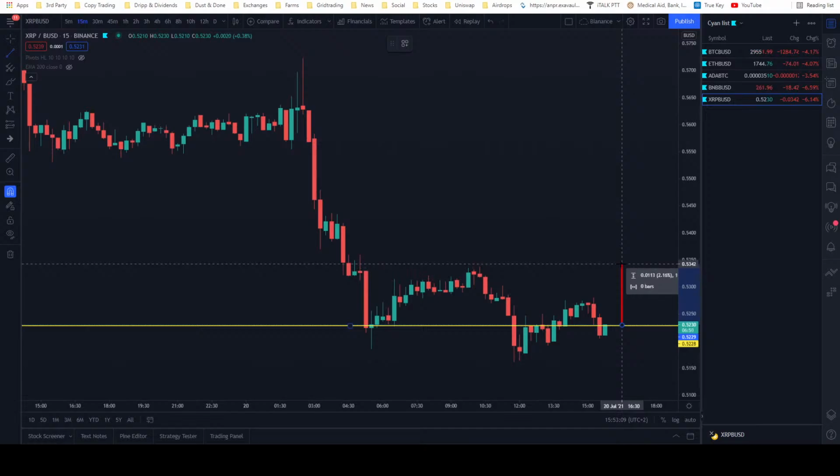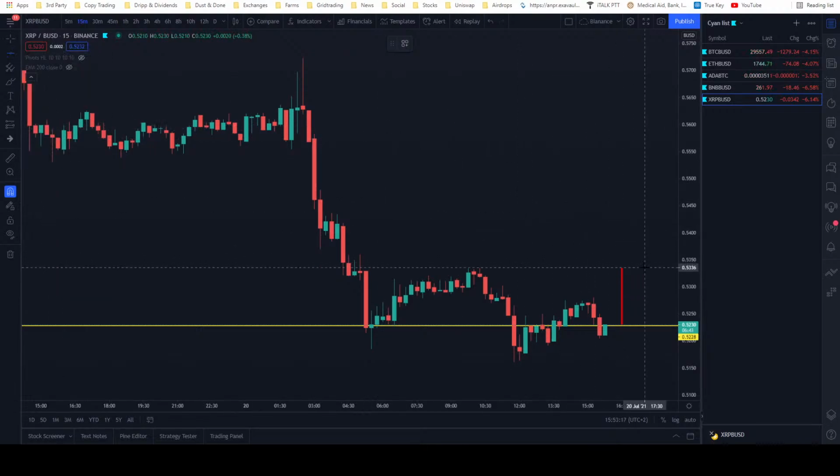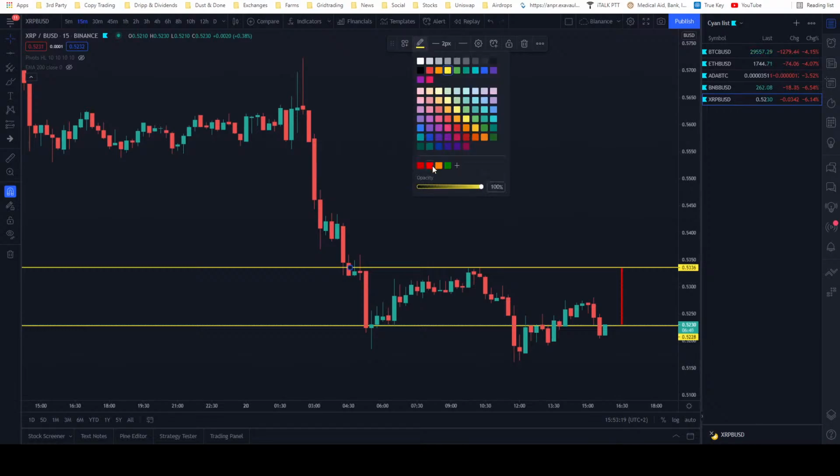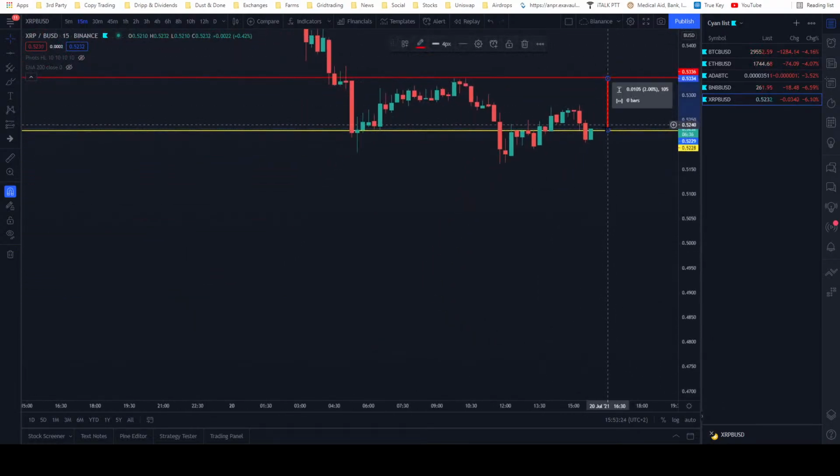2% up. Put in the take profit line. That's going to be our first limit order. And from here, we're just going to add the rest of our limit orders if the market does go down.